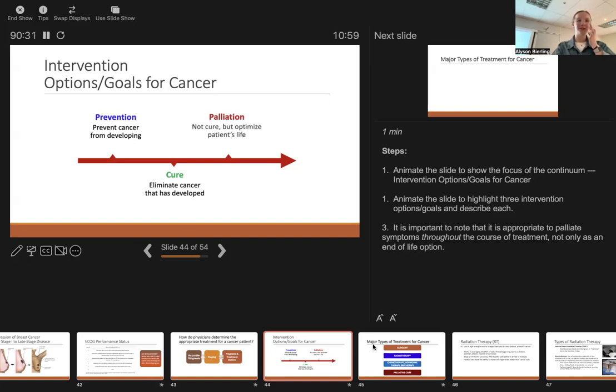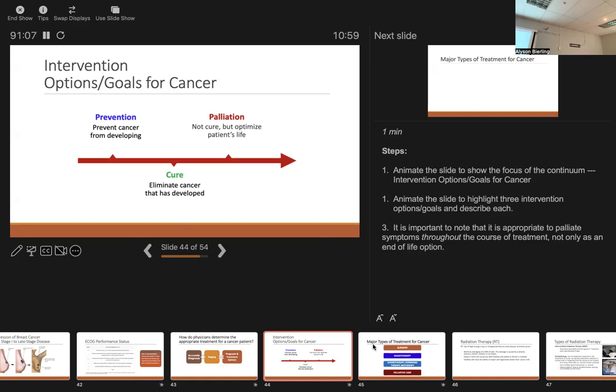Okay. And so if the goal is cure, we are trying to eliminate a cancer that has developed. And if the goal is palliation, the goal is not to cure the patient, but rather to optimize the patient's life. Typically in patients with solid cancers, patients with a stage 4 cancer that has metastasized, we know that we cannot cure that cancer.